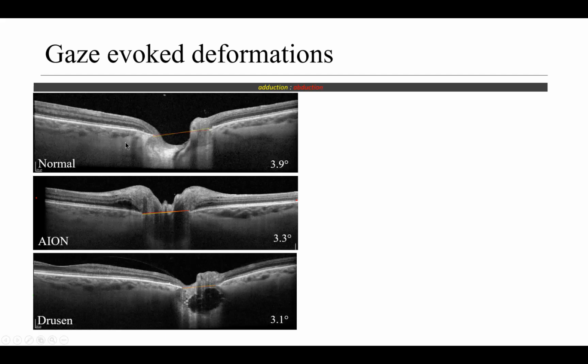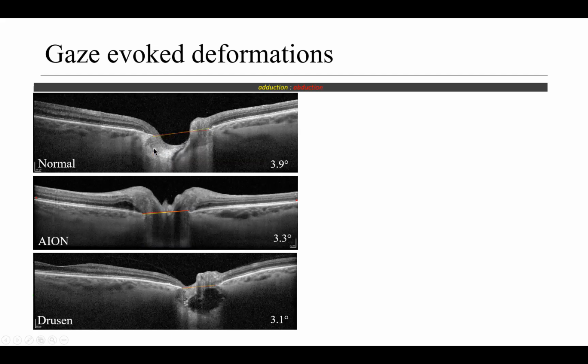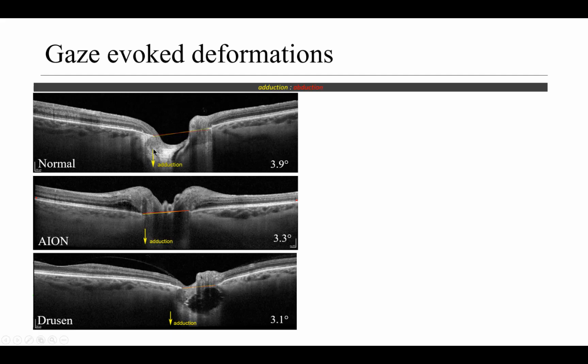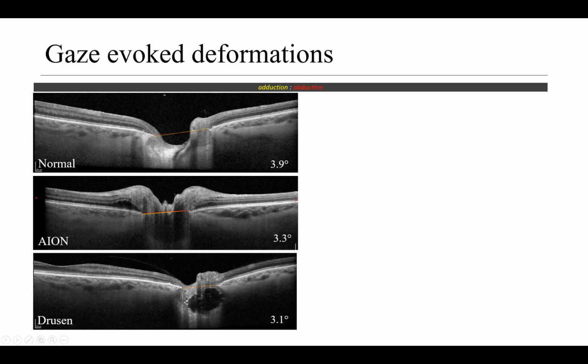Specifically, a relative rocking motion or seesaw deformation at the BMO such that the temporal margin is posteriorly displaced away from the vitreous in adduction, it's anteriorly displaced on the nasal side, and the reverse occurs in abduction.